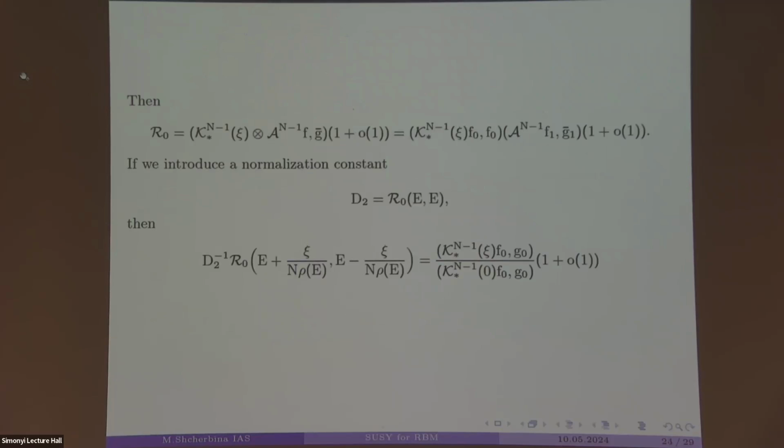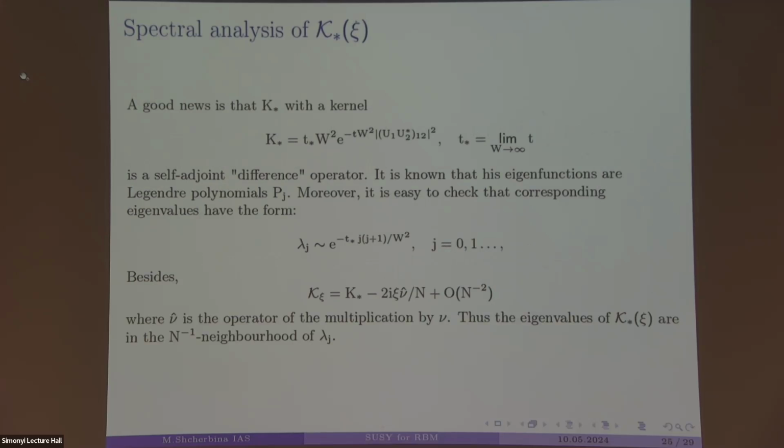you need to know, in fact, only the spectral properties of K star. And with K star there is good news, because K star is self-adjoint. Moreover, it is a so-called difference operator. Difference means the kernel depends on U1 U2 star, like it's written here. It is known that all operators with a kernel like this commute with a shift on the unitary group.